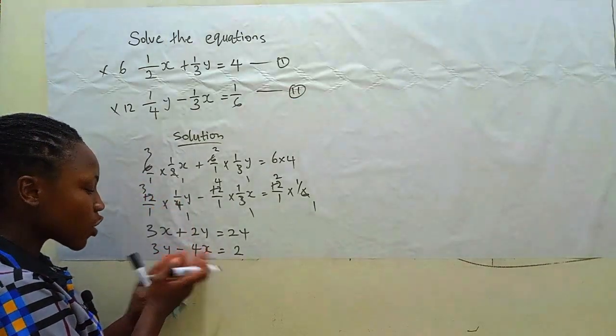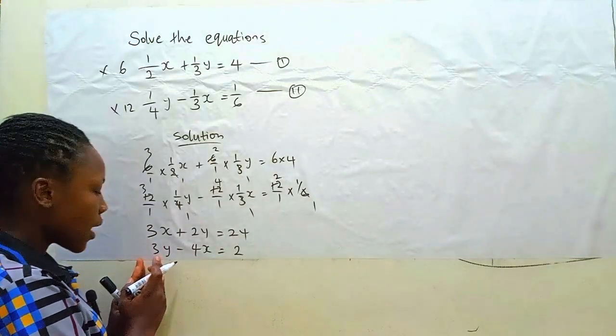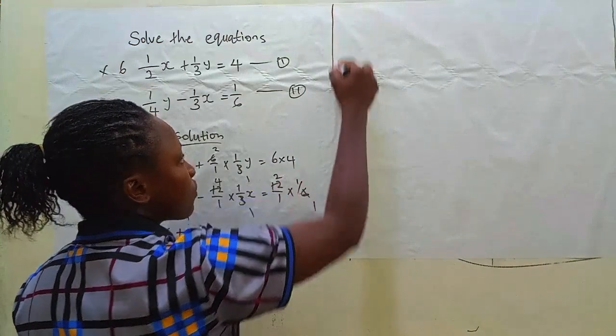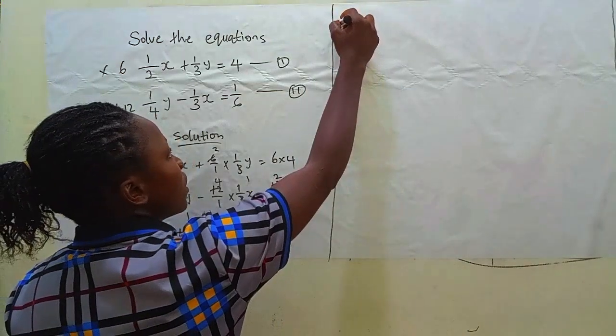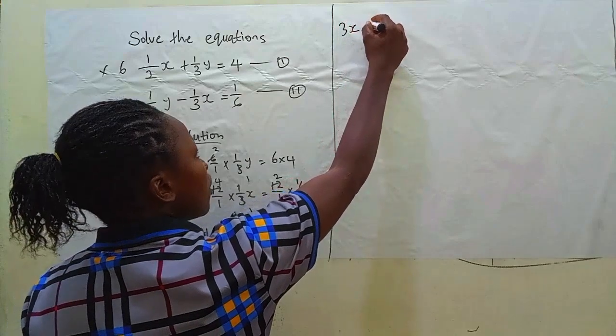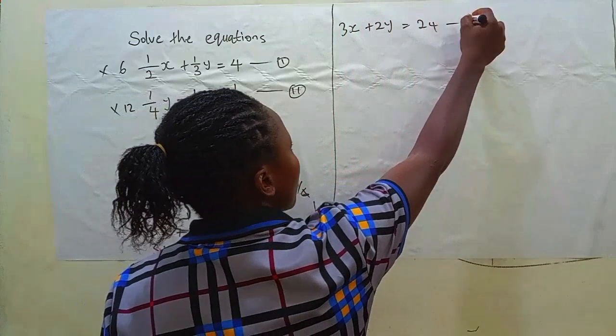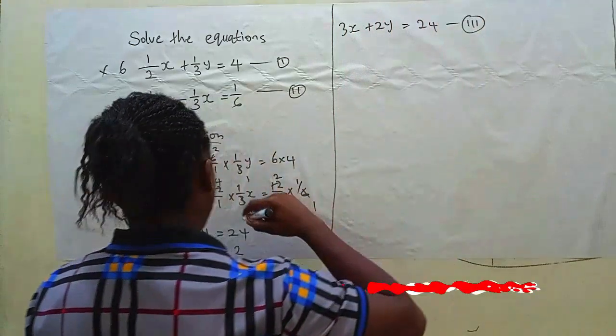We are bringing x to this side and moving y to this side. So we are going to have 3x plus 2y equals 24. That is equation 3.